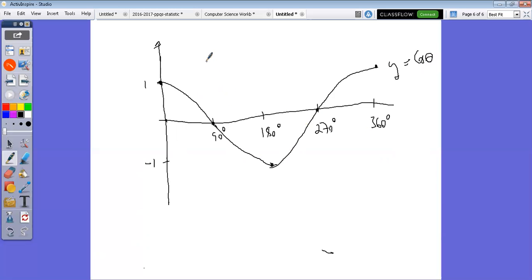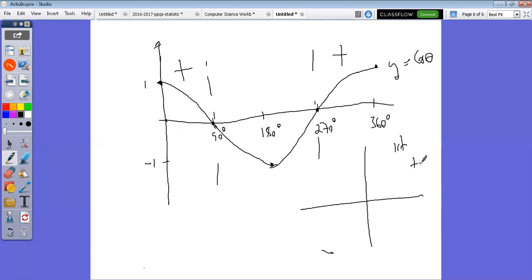Now, cosine is positive in the first quadrant and the last quadrant. Clear? So it's positive in the first and positive in the last, fourth. Negative here, negative here.